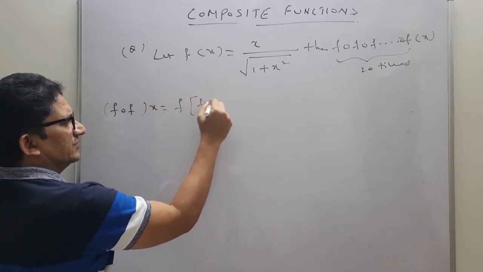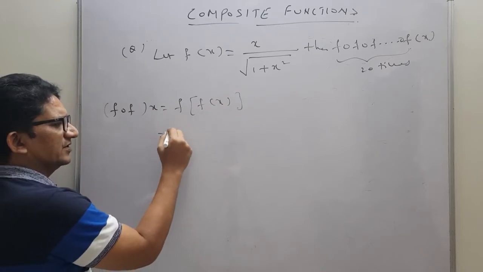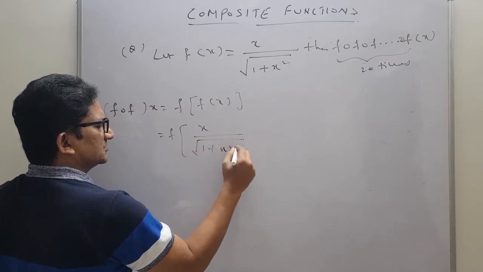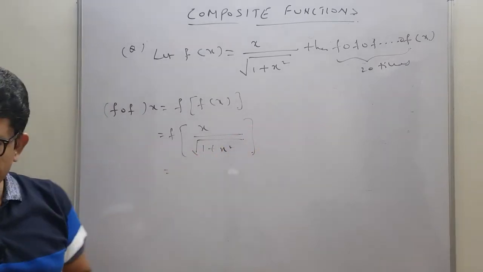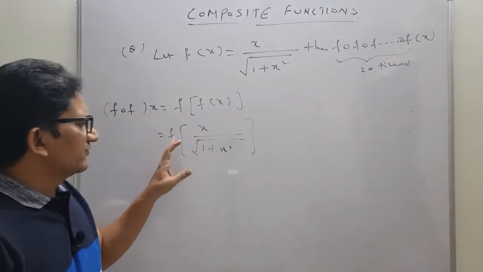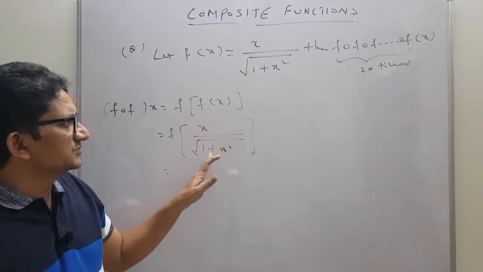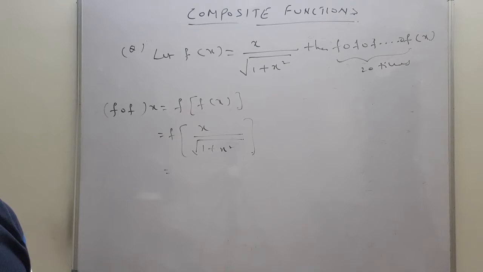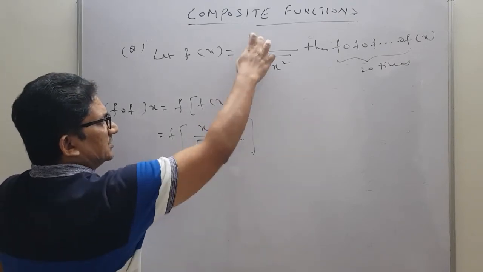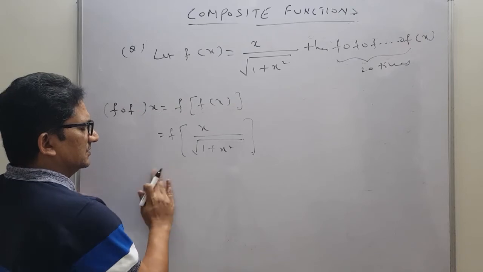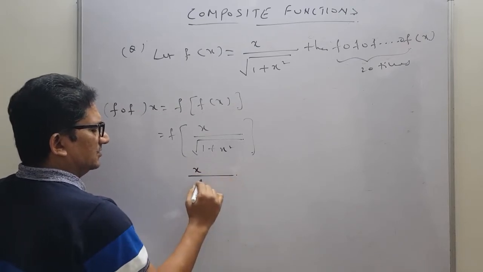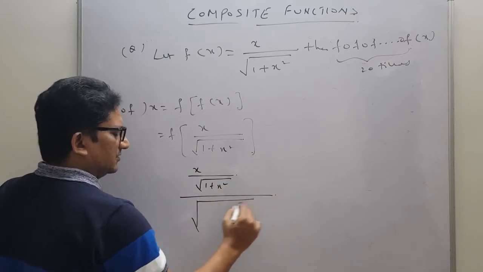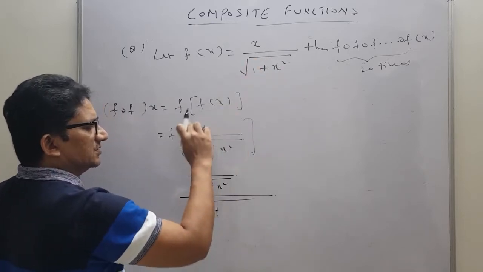This can be written as f of f of x. Now f of x is the given, x divided by square root of 1 plus x square. If f of anything is there, we need to substitute it in the place of x in the question. If you substitute this in the place of x, then it looks like x divided by root of 1 plus x square, whole divided by square root of 1 plus the square of this one.